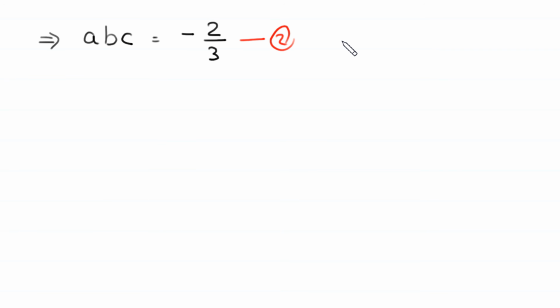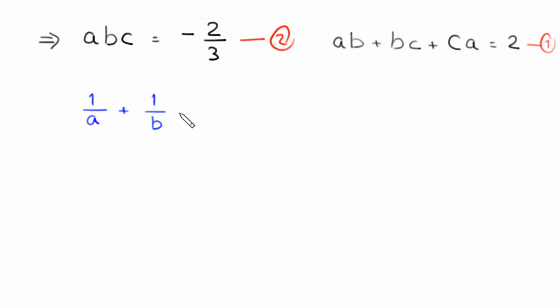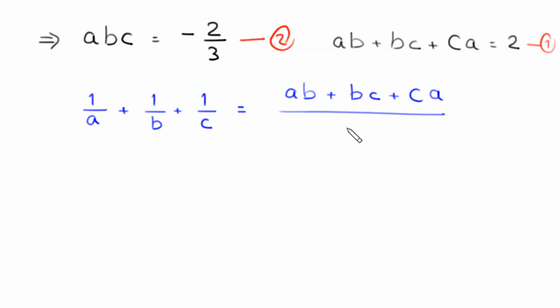And we have to find the value of the expression 1 over a plus 1 over b plus 1 over c, which is equal to a times b plus b times c plus c times a divided by a times b times c.